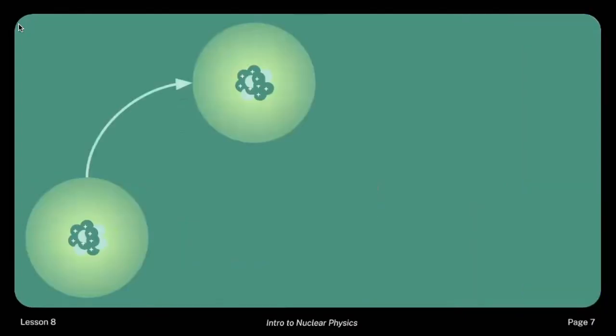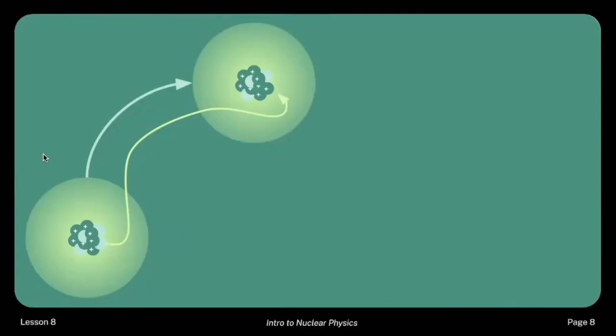So you can see this nucleus undergoes beta decay in this picture here, where we have this starting nucleus, or parent nucleus, and then this daughter nucleus. If you look closely, you'll see that one of the neutrons changed into a proton. So if we gained a proton, what type of beta decay is this?